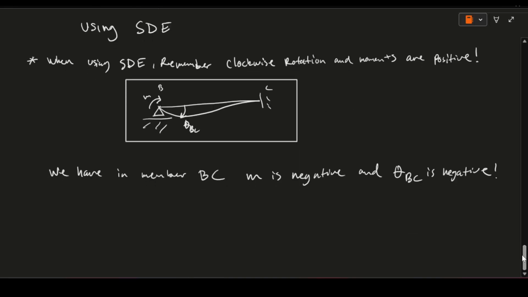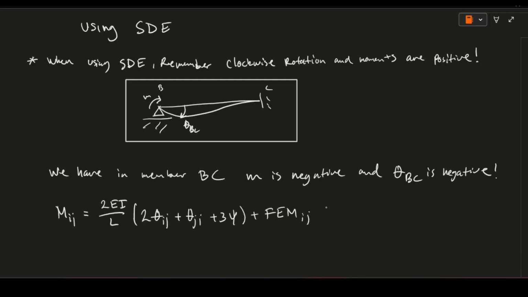Okay, so when you're using the SDE, or slope deflection equation, which looks like this, Mij is equal to 2EI over L times 2 theta ij plus theta ji plus 3 psi plus FEMij.